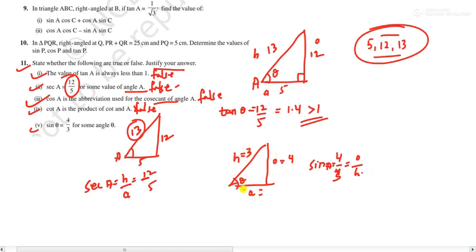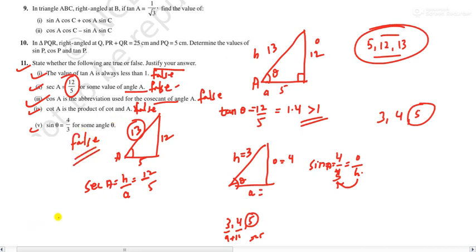Now what is A? You know this is a Pythagoras triplet. Which one is that? Yeah, 3, 4 and 5, right? 5 squared is 3 squared plus 4 squared, so 9 plus 16 is 25, right? So again this is a Pythagoras triplet, 3, 4 and 5, and the hypotenuse can only be 5. But here they have given the hypotenuse as 3. So even this is false. No, this is not possible.